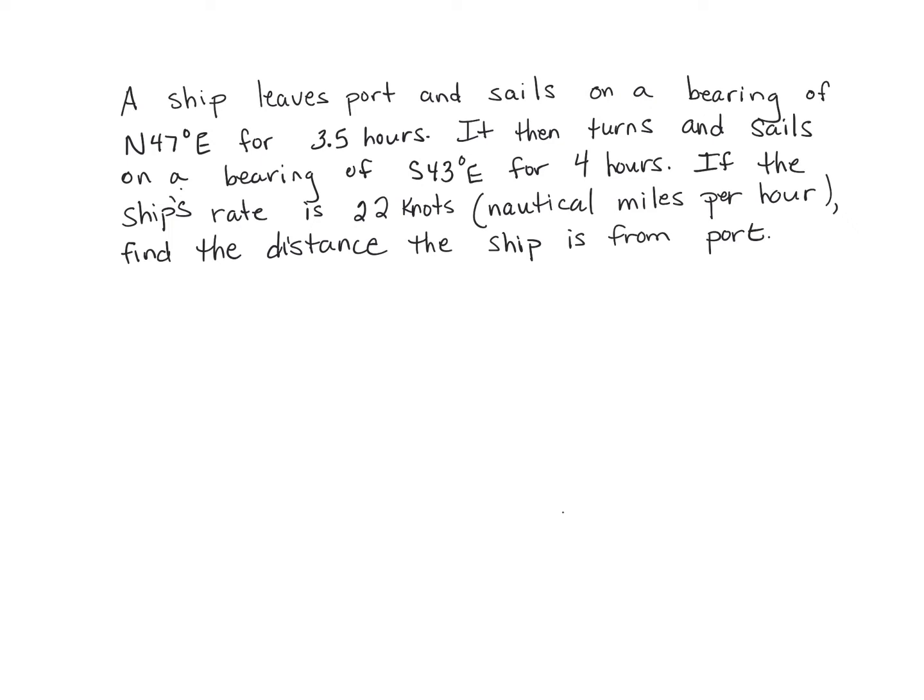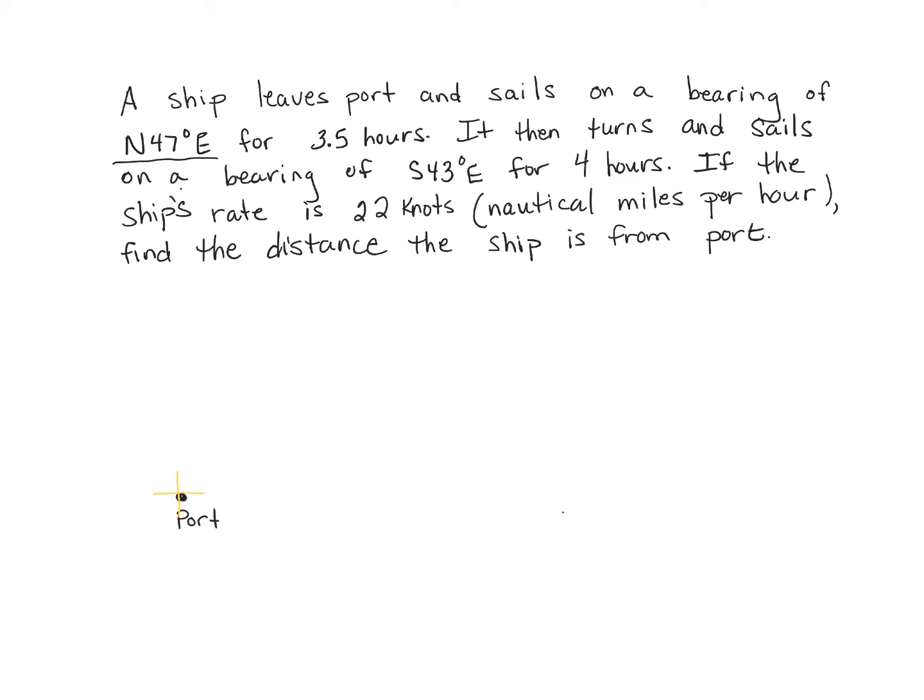So what we need to do for this is draw and label a sketch. So we're going to start with port, let's make this port. And we want to represent north 47 degrees east. So what I like to do when I do that is draw a little set of axes here.